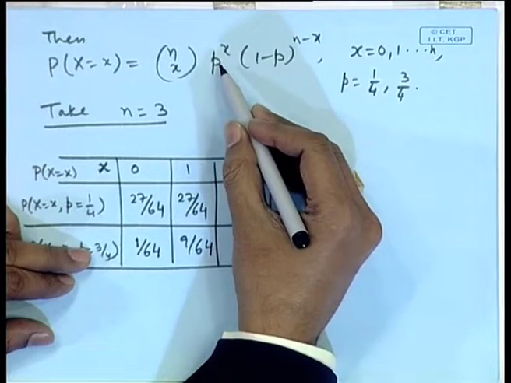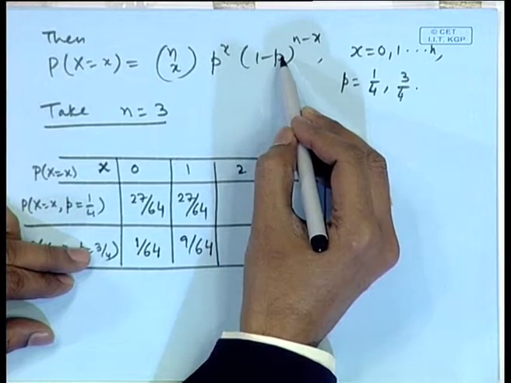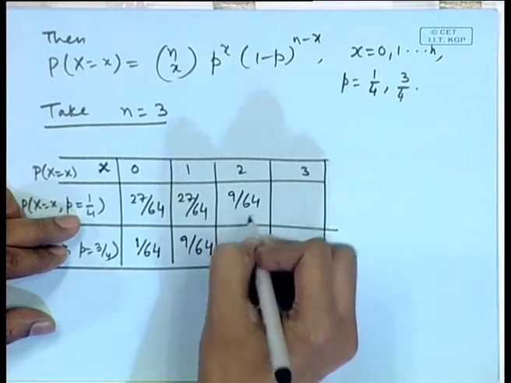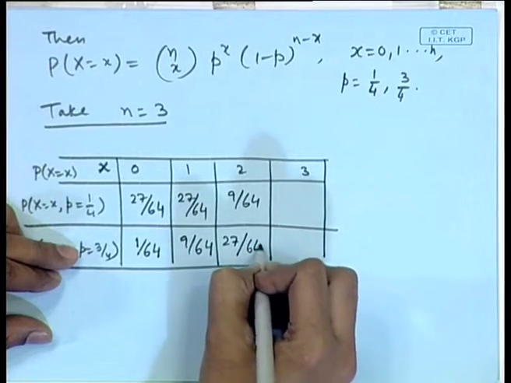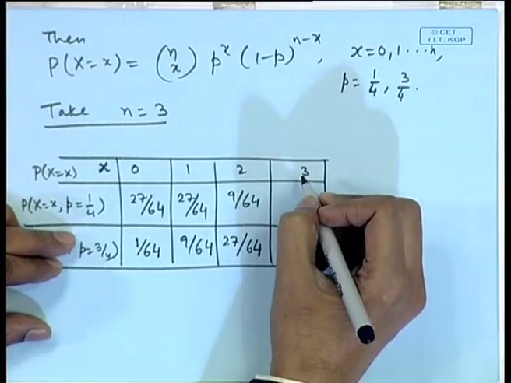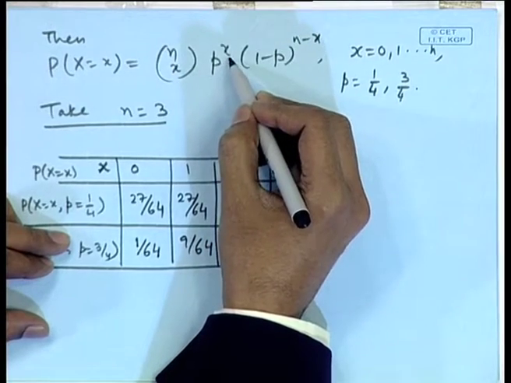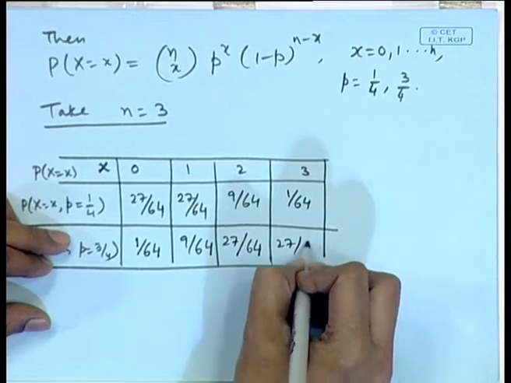When x equal to 2, you will get 3 p square (1 minus p). For p equal to 1 by 4, this becomes 9 by 64, and for p equal to 3 by 4, this becomes 27 by 64. For x equal to 3, this probability simply becomes p cube, so it is 1 by 64 and 27 by 64.